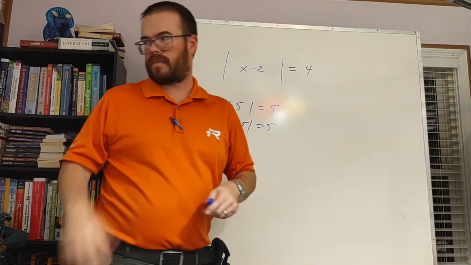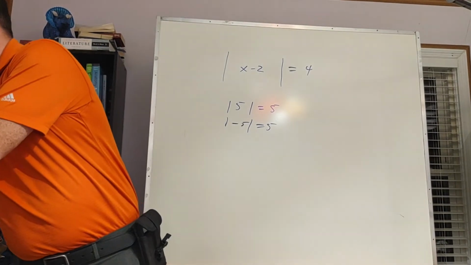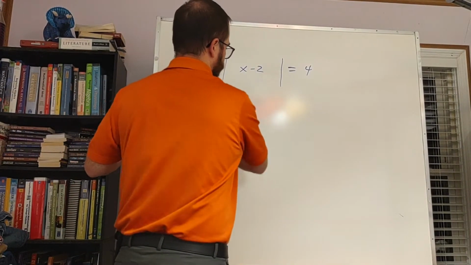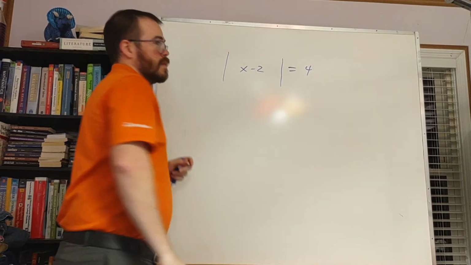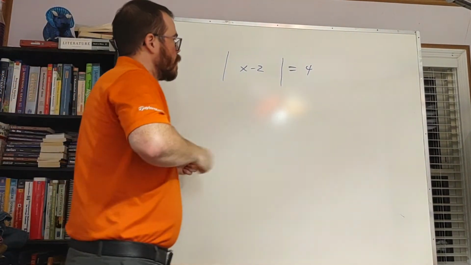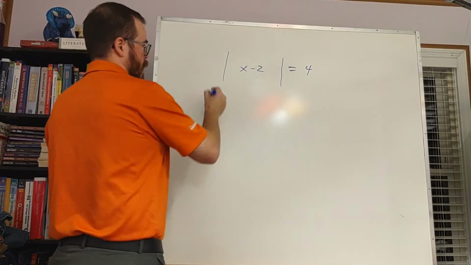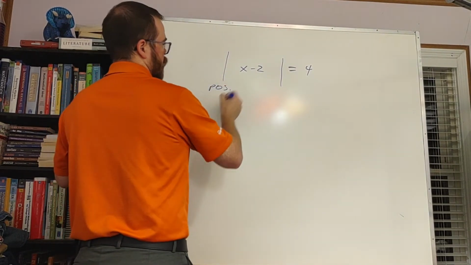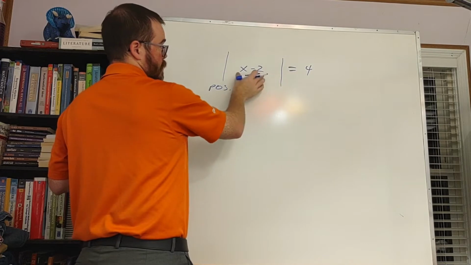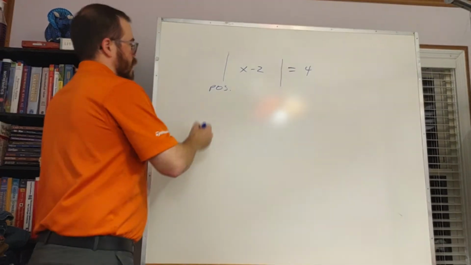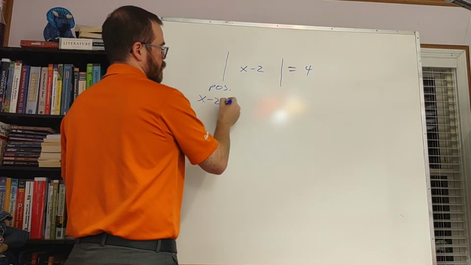Okay, so let's go back to our problem here. Erase that. Now we want to consider the positive case. The positive case is that we just plug in some value for x. So we're just saying x minus 2 equals 4.